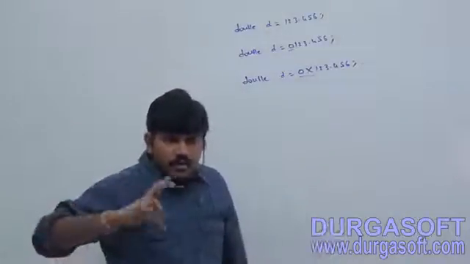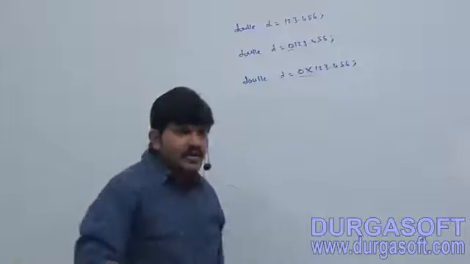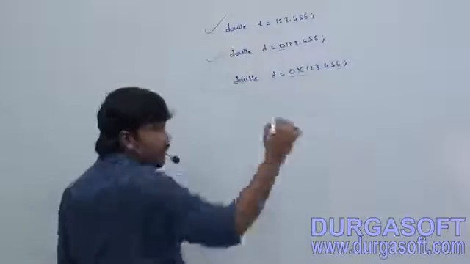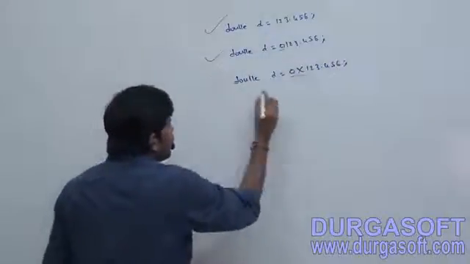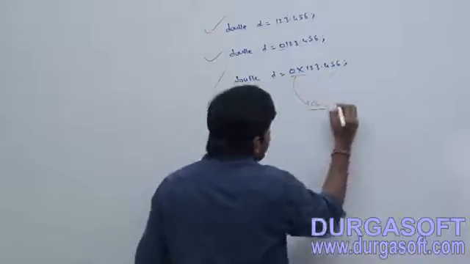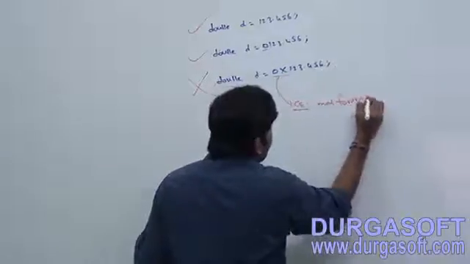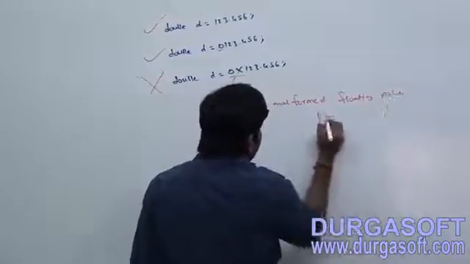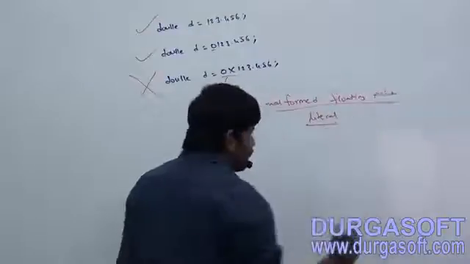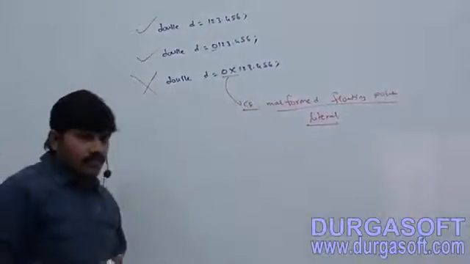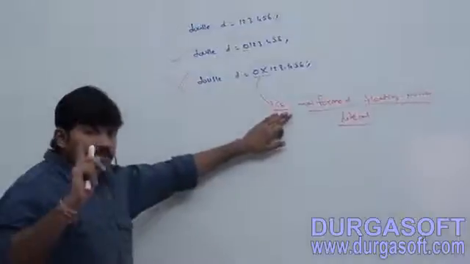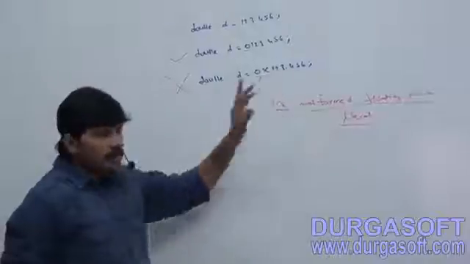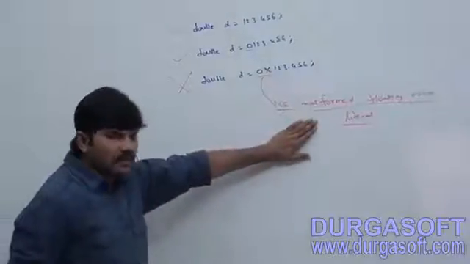By mistake, if you try to use integral literal convention here, you are going to get a compile time error. The first one is perfectly valid, the second one is perfectly valid, the third one is invalid. We get a compile time error saying malformed floating point literal.